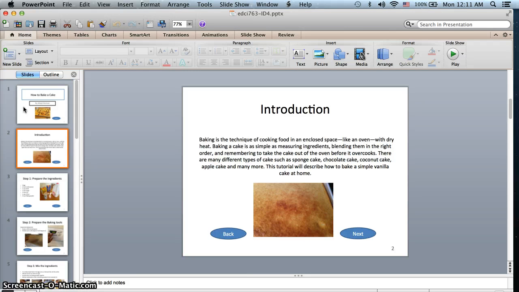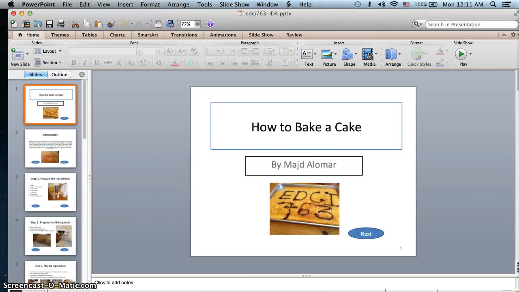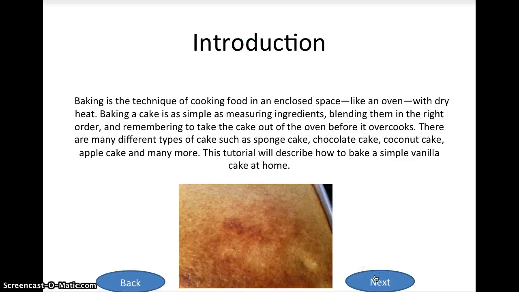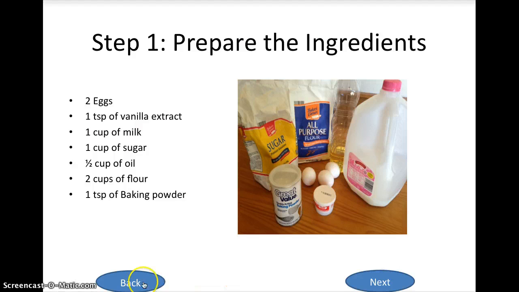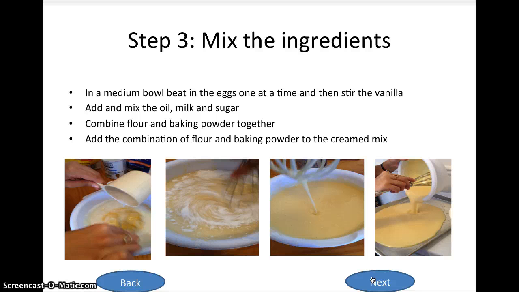In this tutorial, you can actually click the next. I'm not sure if I can do a slideshow with this tutorial or not, but I'll try. Actually, I can. So I just press next, see, and I can actually click on these. I've taken pictures of me actually making the cake.